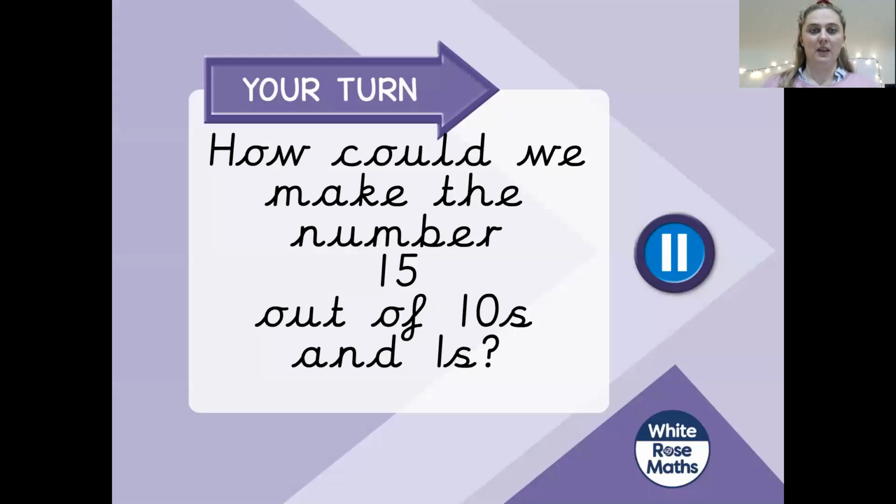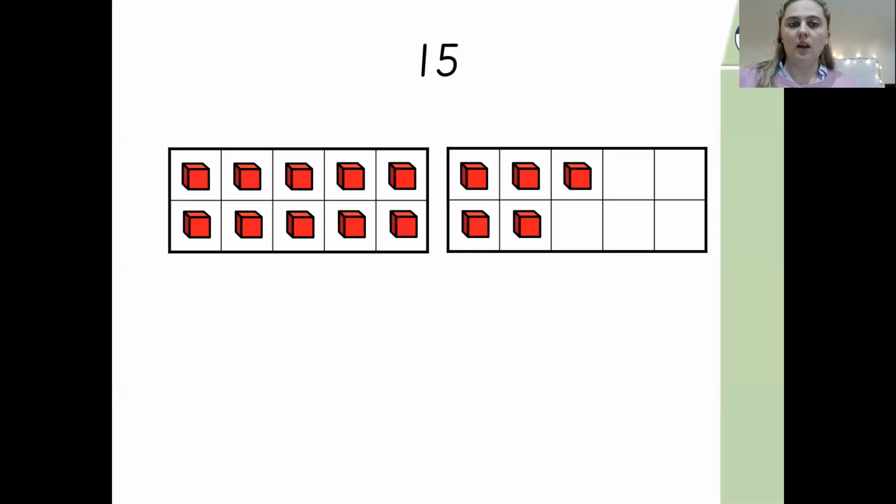Well done. Now, how could we make the number 15 out of tens and ones? What I'd like you to do is draw some tens frames and figure out how many tens and how many ones I've got. Okay? Pause me and come back in a second.